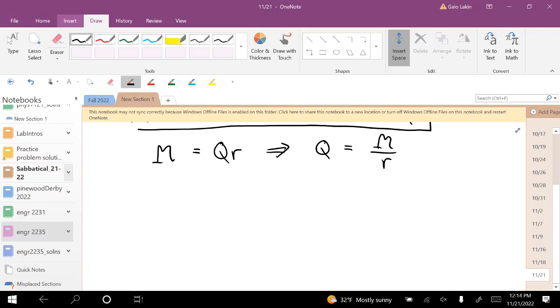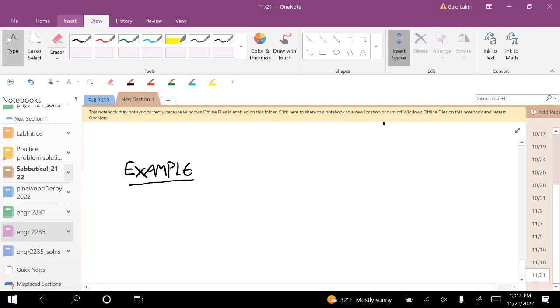Okay, let's do an example problem. So let's say we have a square threaded screw. Let me give a radius. So with a radius of 1 centimeter, 0.01 meters.